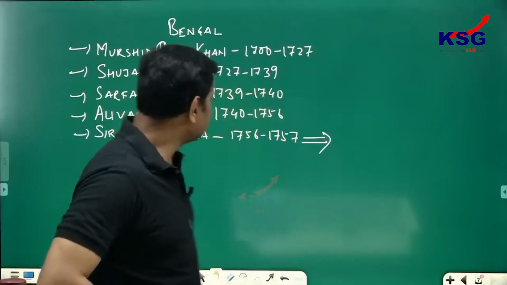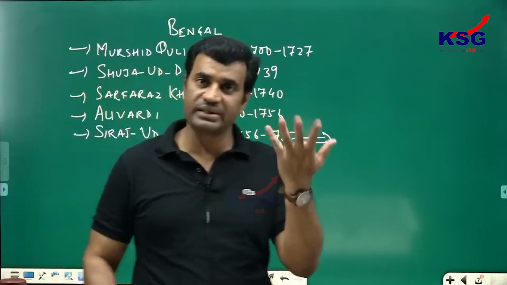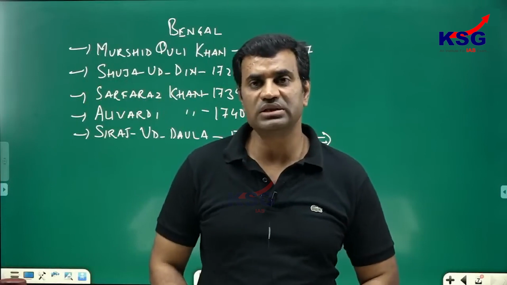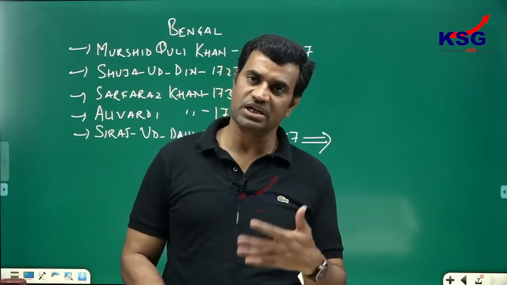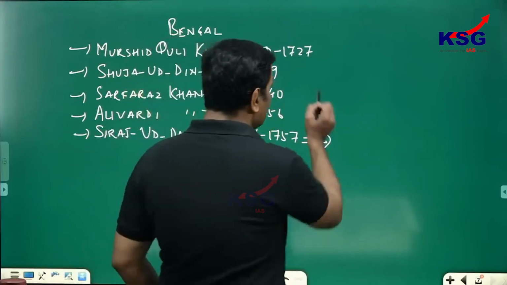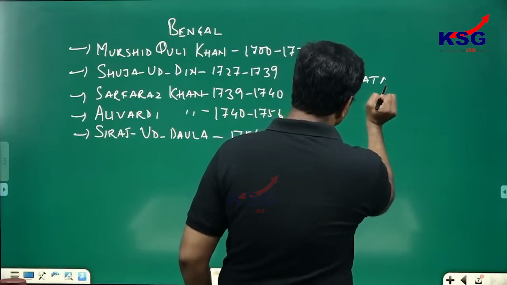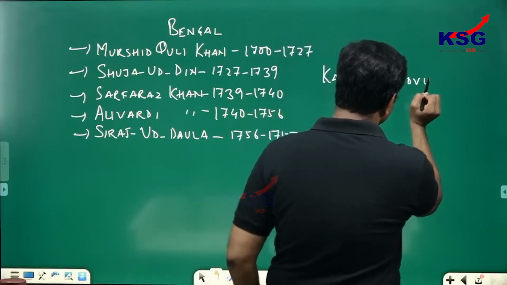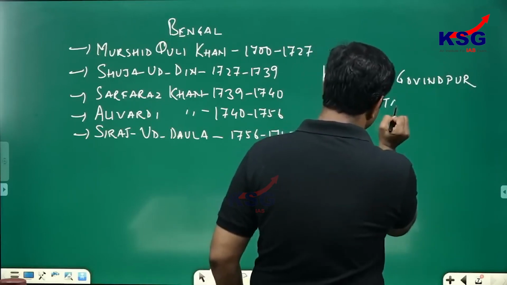When Siraj-ud-Daulah came to rule in 1756, Bengal was very important for maritime trade. Both British and French were trying to establish their control over Bengal, and the British East India Company had by this time acquired 3 villages in Bengal known as Kalikata, Govindpur and Sutnati.